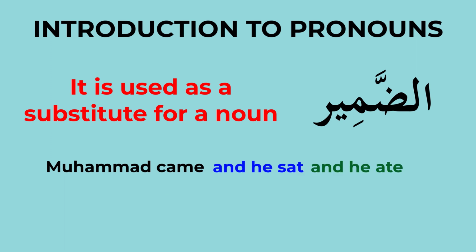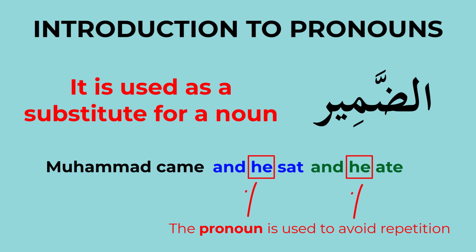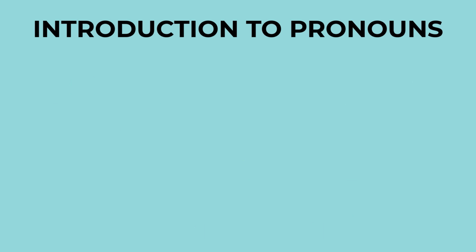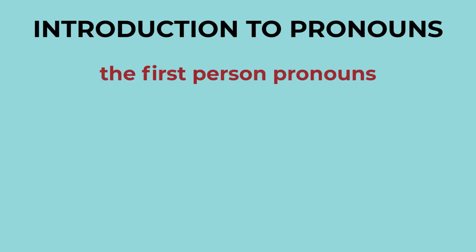Now that makes it much easier, and it's nicer to the ear. So the pronouns come instead of nouns so that we avoid repeating it. Okay? Fine. The pronoun that refers to the speaker, in English we call it first person pronoun. It refers to the speaker. We call it first person pronoun.